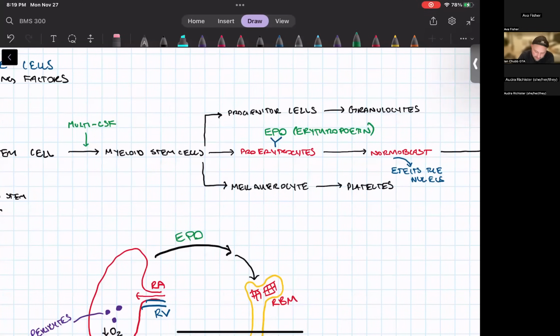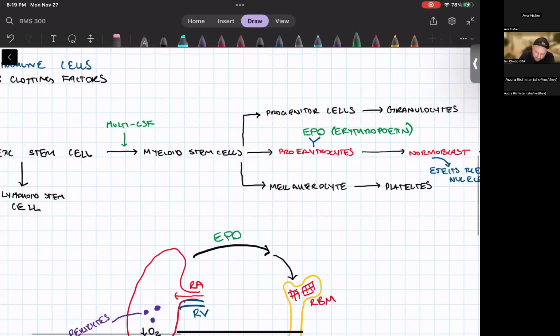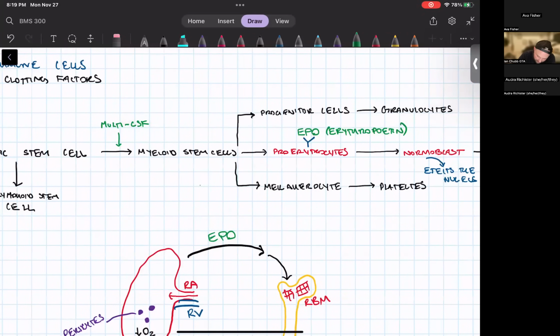To get from the hematopoietic stem cell to the myeloid, you will have an interleukin here. Interleukin 3 is also playing a role to get us from the hematopoietic stem cell, myeloid stem cell, to the actual proerythrocyte. We'll need that interleukin 3, which is just another communicator telling that cell what to differentiate into, so that it doesn't end up going down this line or this line, and we stay going down the pathway to getting to our erythrocytes.